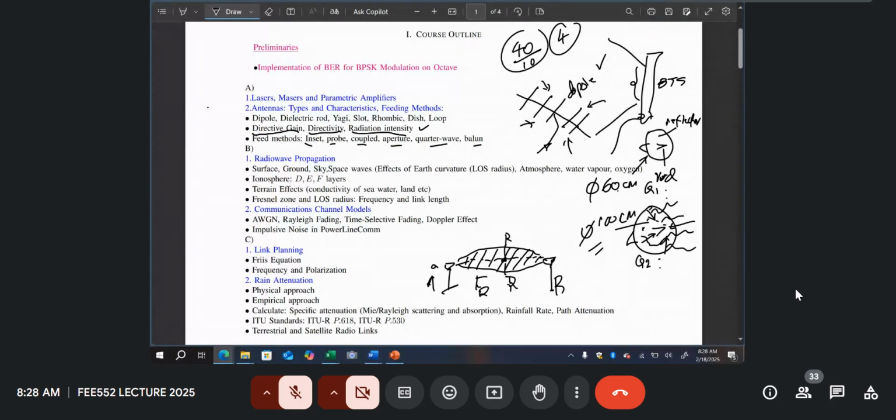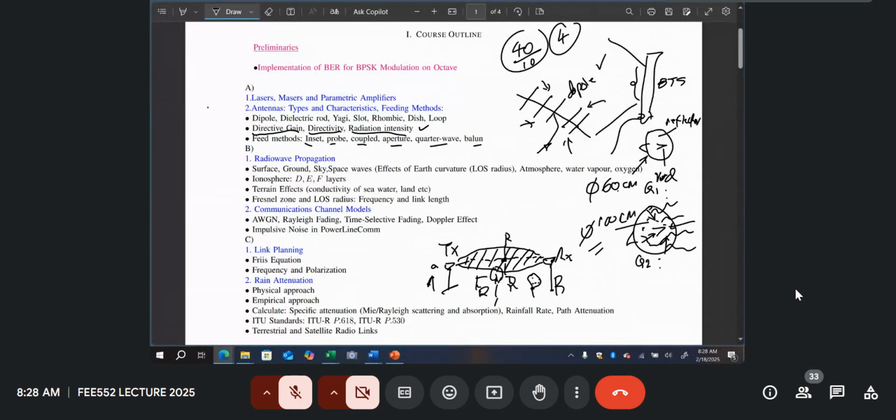What we will be considering is that this path could have some trees. You know the location where you want to receive your signal and where you're transmitting from, but the path could have some blockages.